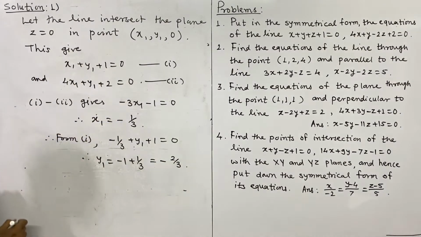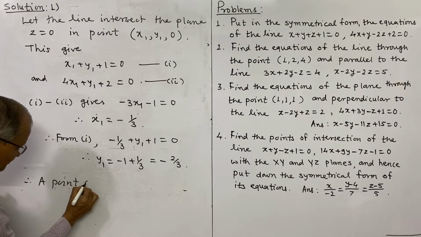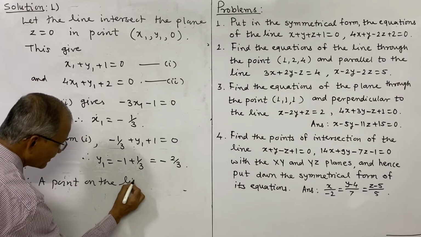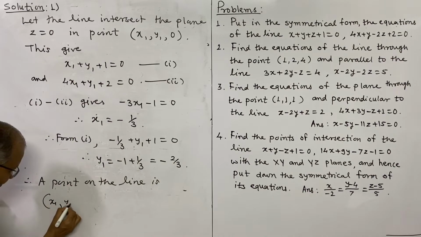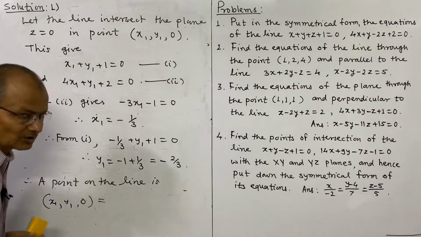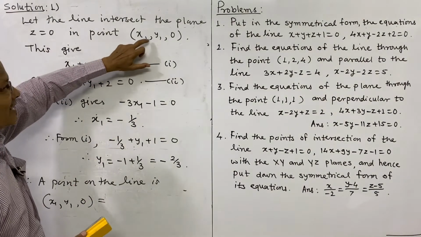And thus a point on the line is x1, y1, 0. The only change we have made is that in the theory we denoted the point as x, y, 0.